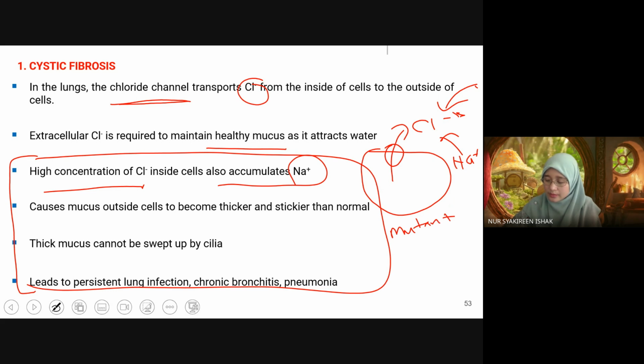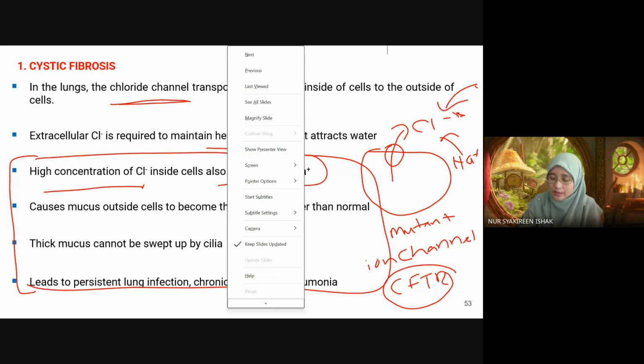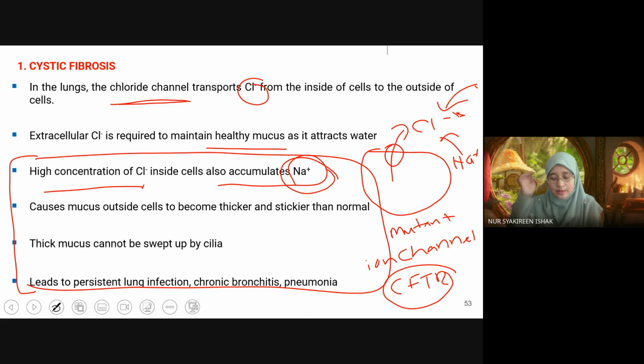The mutant channel, the CFTR channel, is mutated. So the channel mutated, causing chloride ion to not move out and sodium ion to accumulate. So it causes mucus outside to become thicker because the ion cannot attract water molecules.